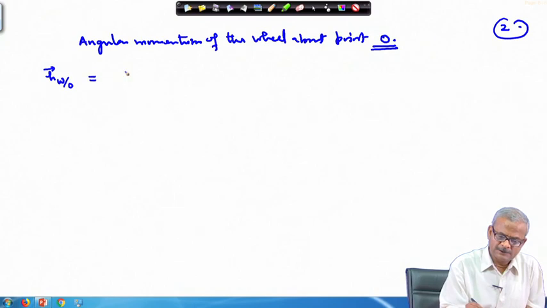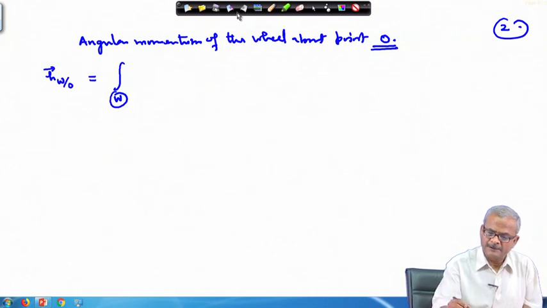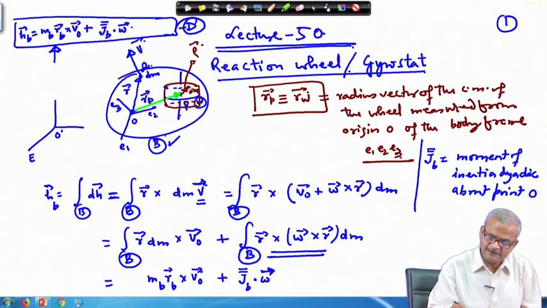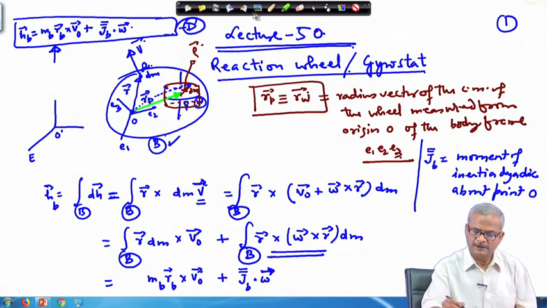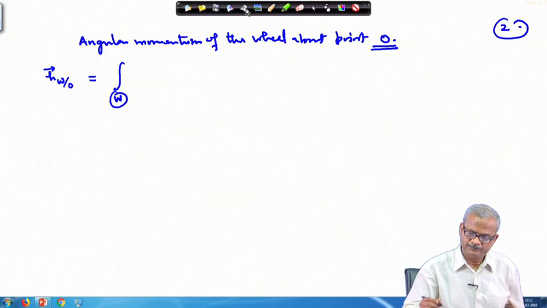Okay. So, that becomes, we have to integrate it over the wheel, okay. And any point in this wheel which is shown here, as I am showing it by this one. So, we have to draw radius vector from this point to this point. Okay. So, I will do it on the next page.